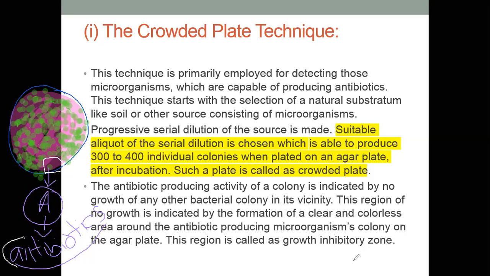So after you follow this procedure and you get this growth inhibitory zone around your microorganism, you know that this is your desired bacteria. And you will not see the same kind of zone formation anywhere else on the plate. You will only see it here. I hope my point over here is clear.